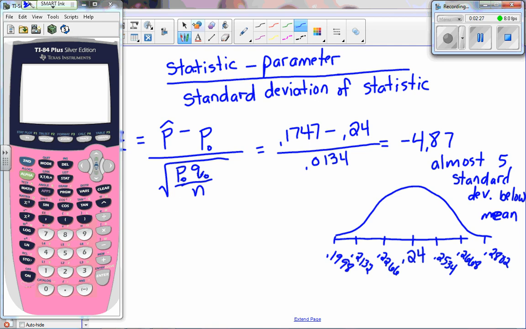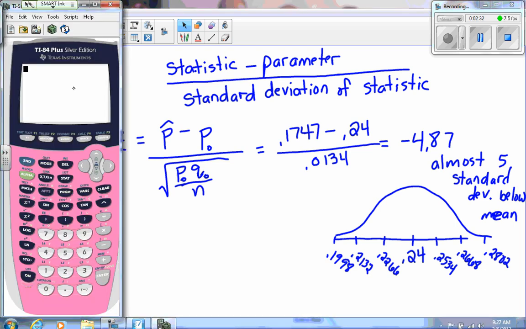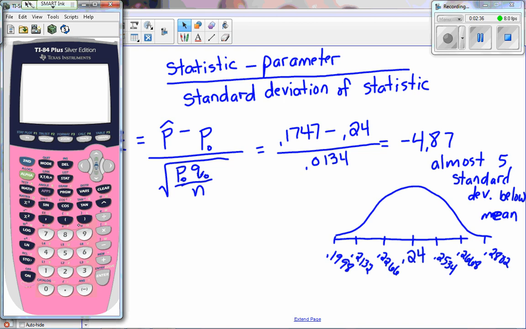So if I go to my calculator, all right, now I'm doing a z-score this time, so I'm going to go second distribution, and I want normal CDF. I don't have our little fancy display on this one, but I'd be shading to the left. I can't even shade it on my picture because it's so far down here.